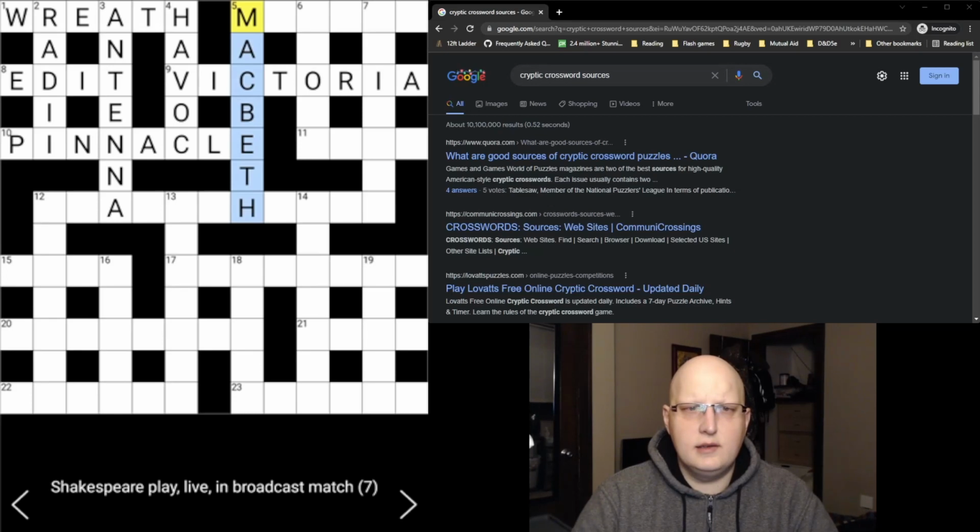Shakespeare play live in broadcast match. So match is... Oh, live, I see, not live. So the surface reading of a clue can really mislead you if you just read it grammatically. You really have to think about how you can break it down into its components or into some cryptic reading of it.